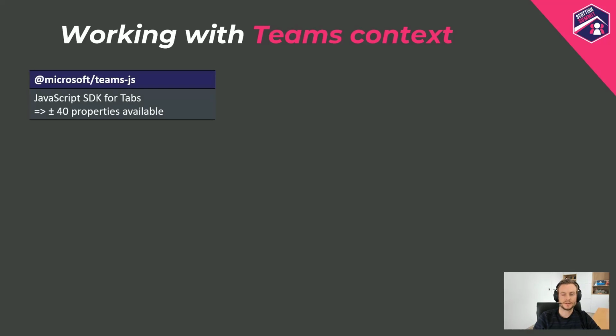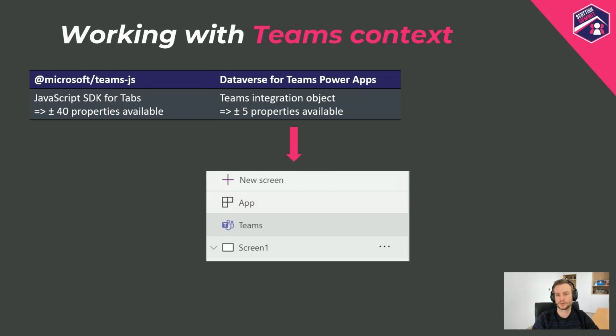When you do that for custom development, specifically when you create a Microsoft Teams tab, you will be using the Teams JavaScript SDK for tabs. And it has about 40 properties available that you can use on this context object so that you can build contextually aware applications. Now, if you create an application with Dataverse for Teams, you get a Teams integration object.